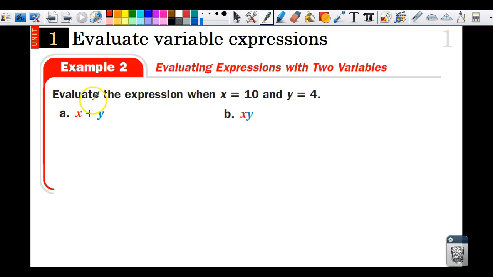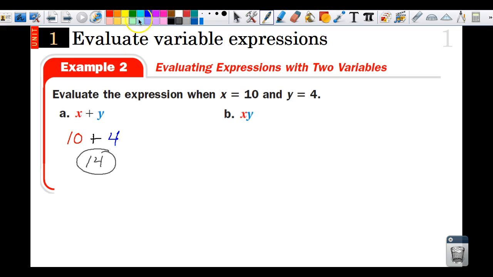Now it says to evaluate, that means I need to replace any variable with the value of a number. So x should be replaced by 10 because that's what the value was in the problem. And the variable y needs to be replaced with 4 because that's the value that was given to us in the instructions. Then I add them together because that's what the operation was. 10 plus 4 is 14. And that is my answer when I evaluate x plus y when x is 10 and y is 4.